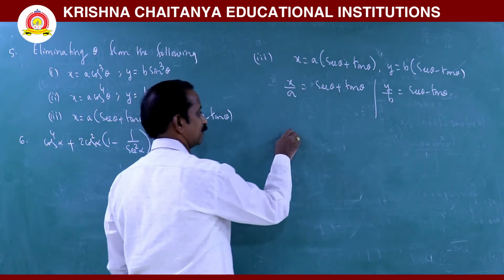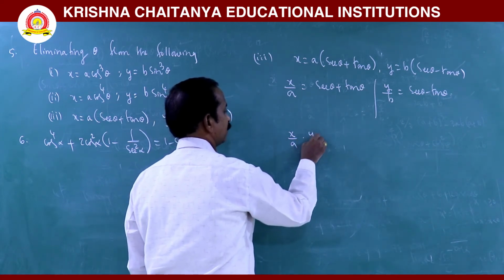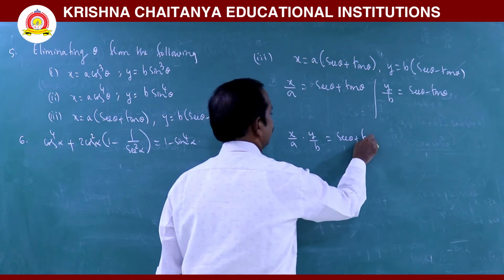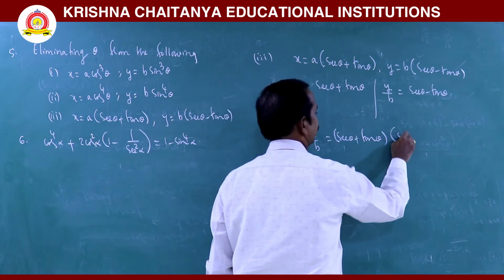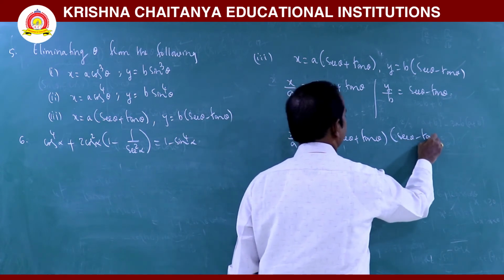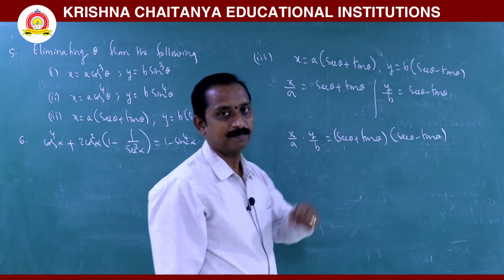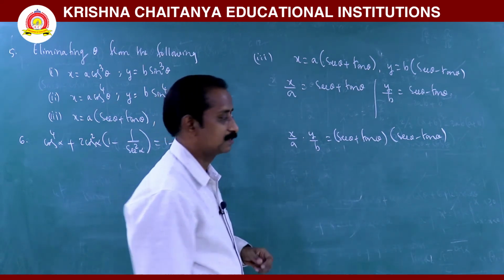Multiplying, it becomes x by a into y by b. So x by a is secant theta plus tan theta, y by b is secant theta minus tan theta. Now it is in the form (a plus b) into (a minus b), which is nothing but a square minus b square.